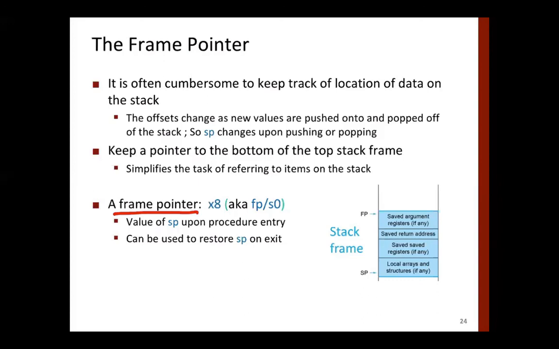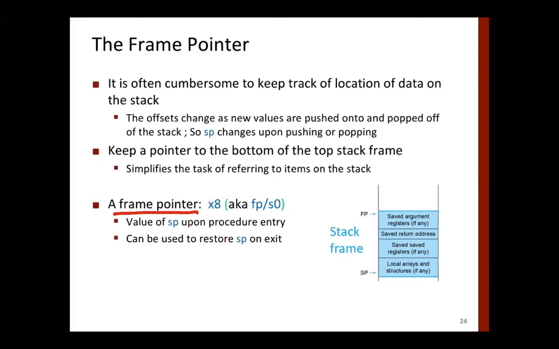Sir, actually, if we are using the S0 register as FP, but we've used that in calculation also, I'm just wondering how they're able to maintain the contents of that. Because you know where you're pushing things, right? So you mean how to access something inside using this pointer? Sir, I meant that here it's written X8, aka FP, S0.